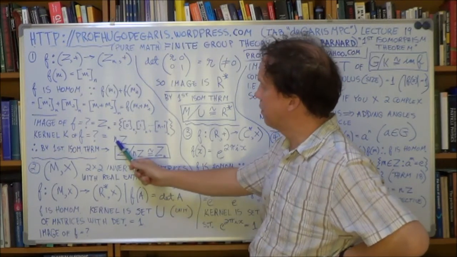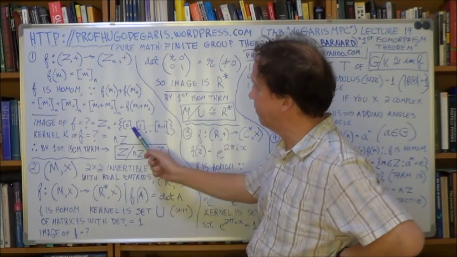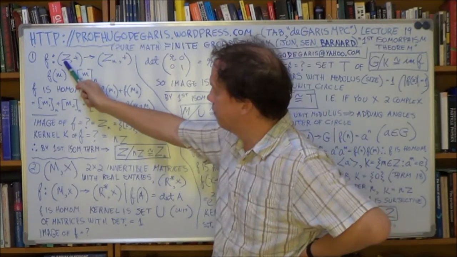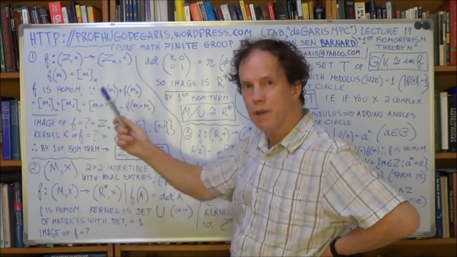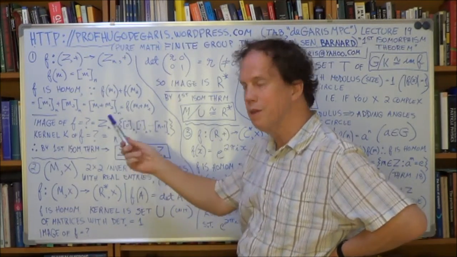They will be the elements 0, plus or minus n, plus or minus 2n, plus or minus 3n, and so on.